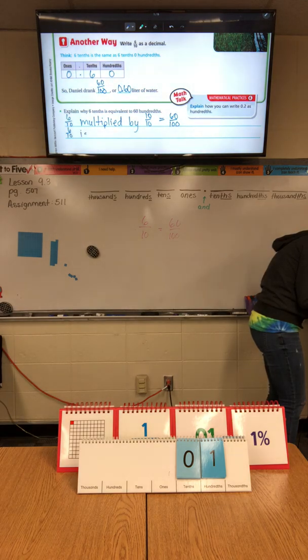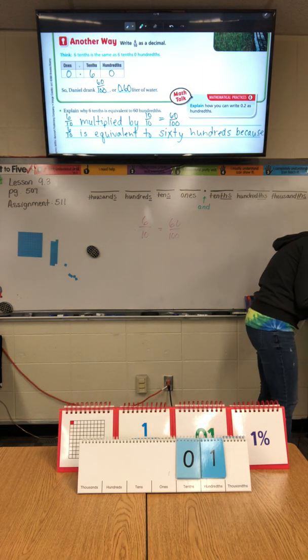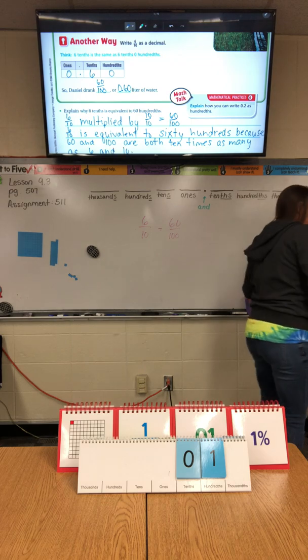6/10 is equivalent to 60 hundredths because 60 and 100 are both 10 times as many as 6 and 10.